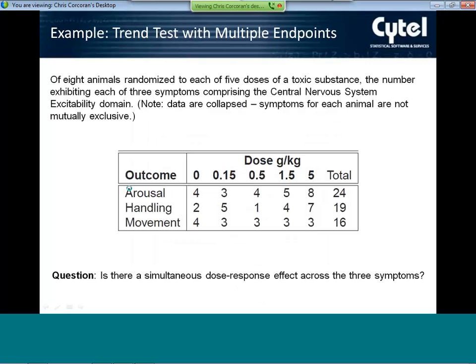And then finally, I alluded to this earlier, but there is a trend test as well available for multiple outcomes. Now, the data are contained in the examples that come with the StatXact package, but the data here as they're presented in this table are actually collapsed.